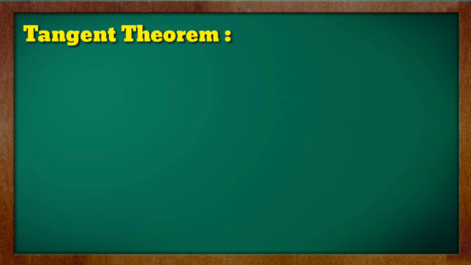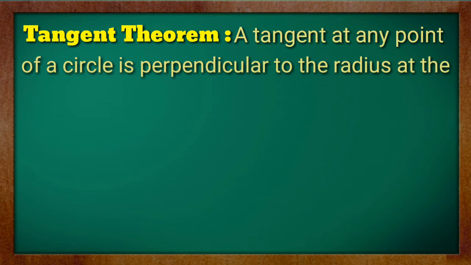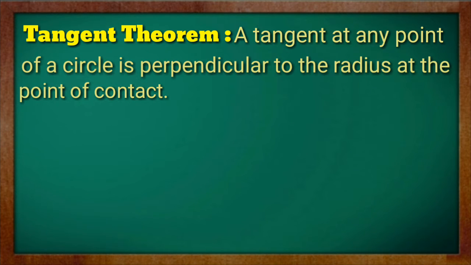Then next point is tangent theorem. See statement. A tangent at any point of a circle is perpendicular to the radius at the point of contact. This property is known as tangent theorem. Draw the diagram as per statement.